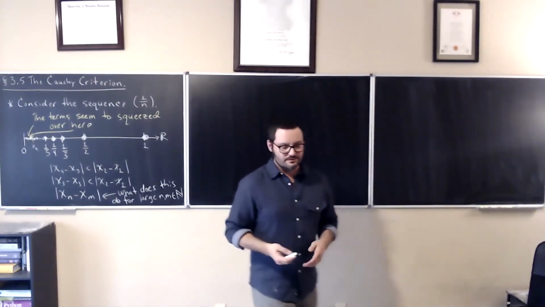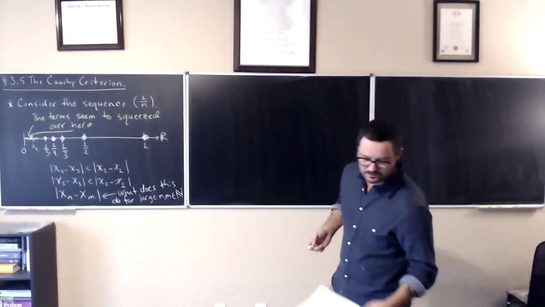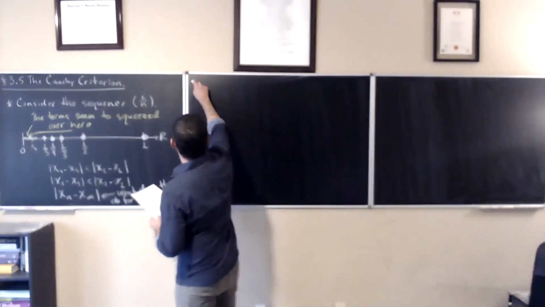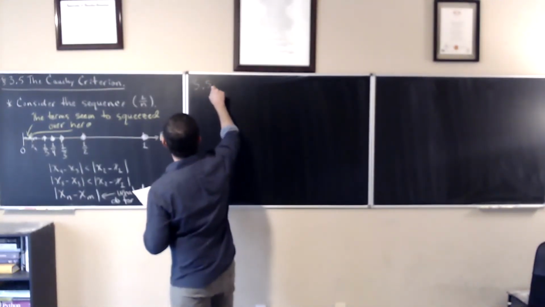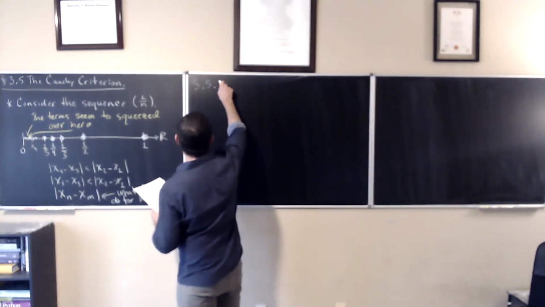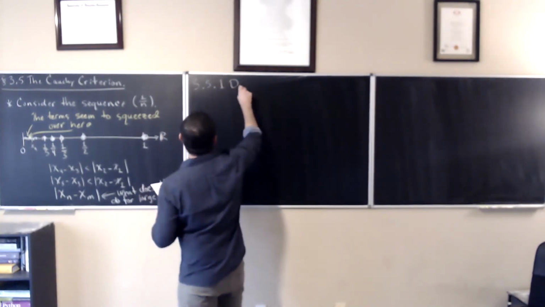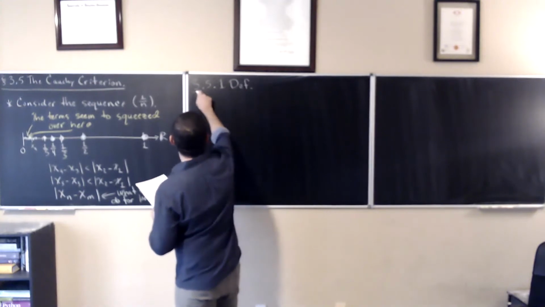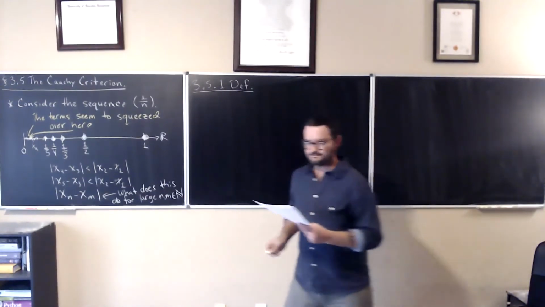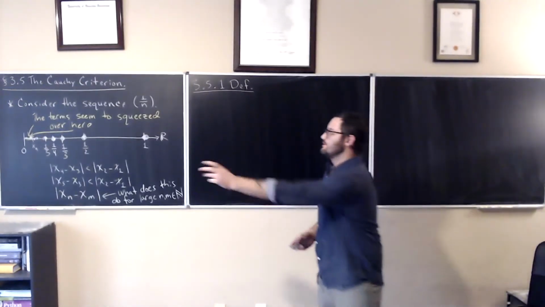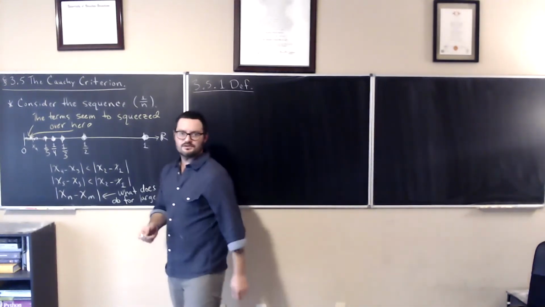Okay, so let's define it. I think this is called, from the textbook that we're using, 3.5.1 definition. This is the notion of being a Cauchy sequence.